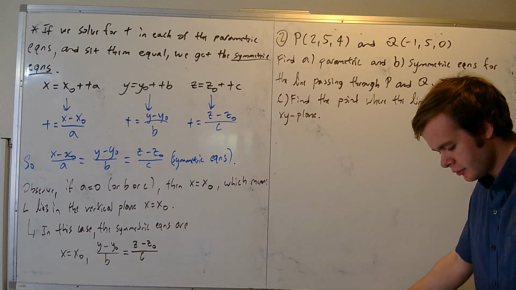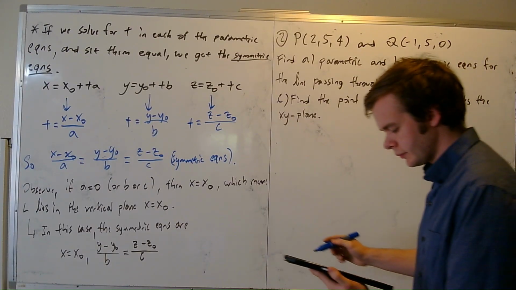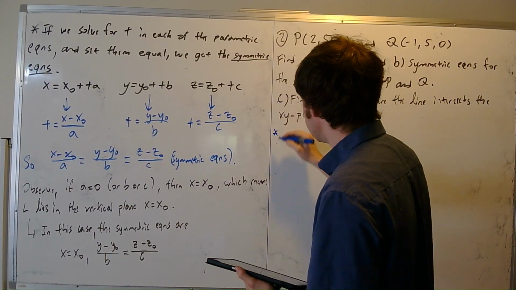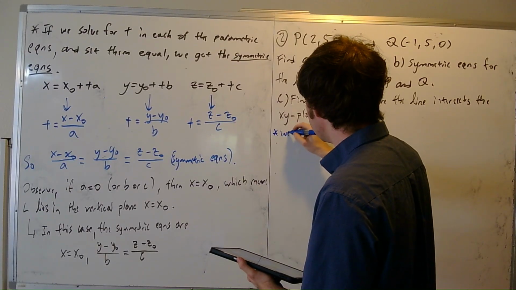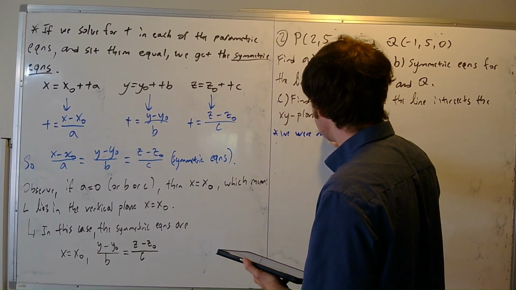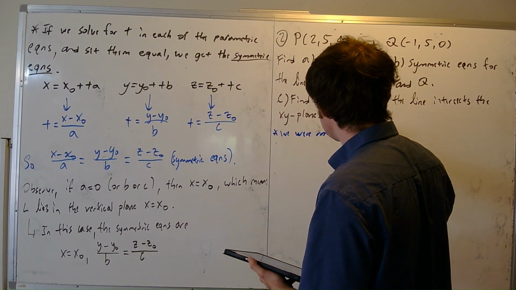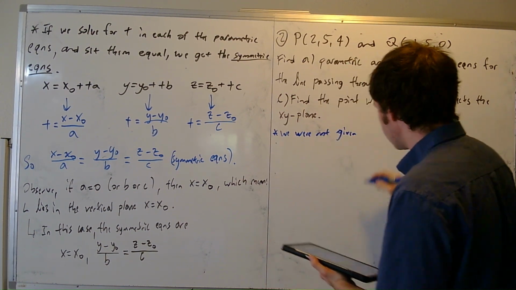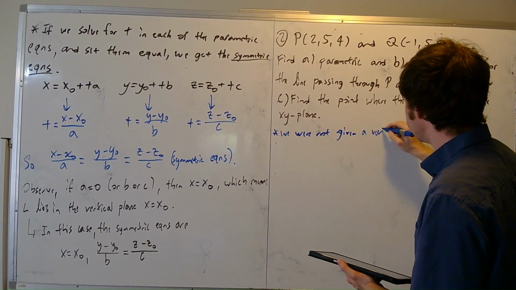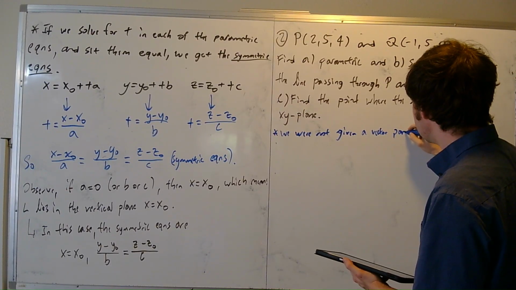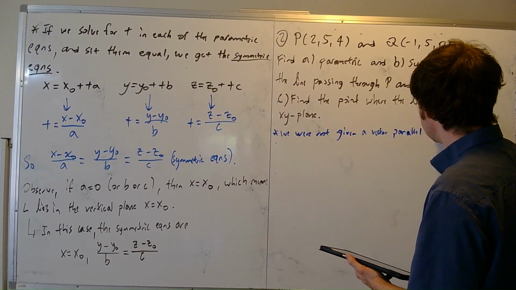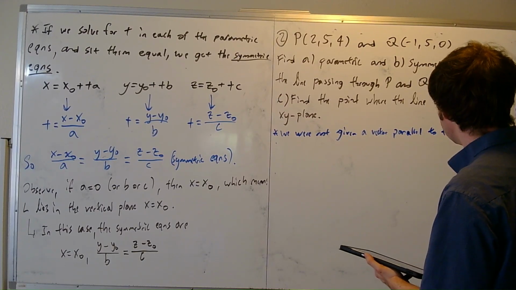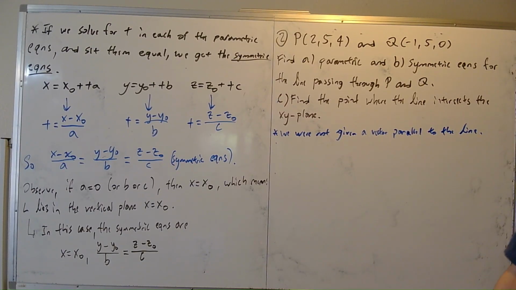So notice here for part A, we were not given a vector parallel to the line. Remember, what we needed was a vector v that was parallel to our line in order to solve for the parametric equations. Well, we're not given v.